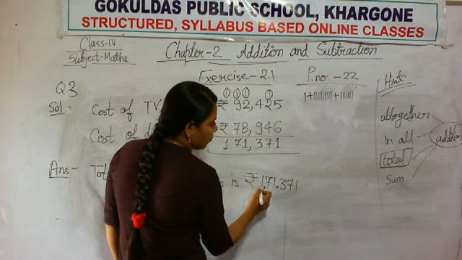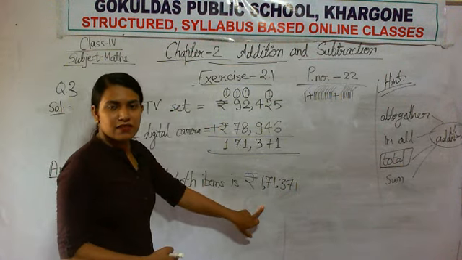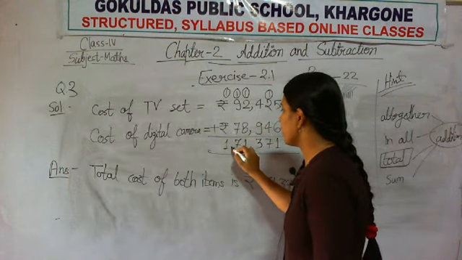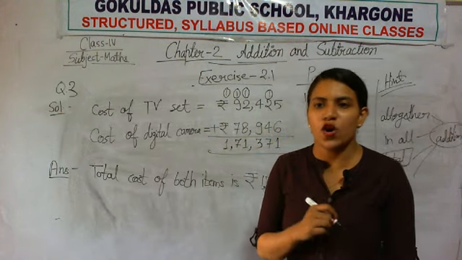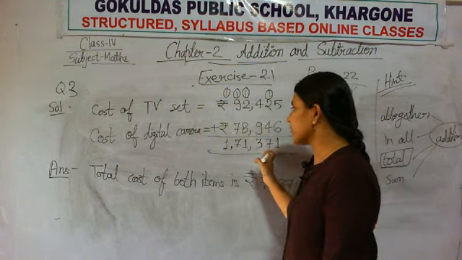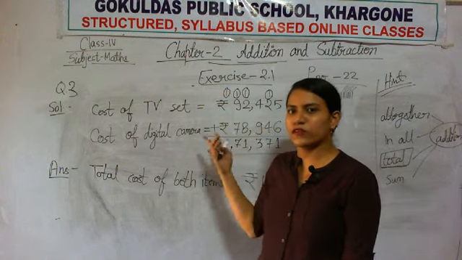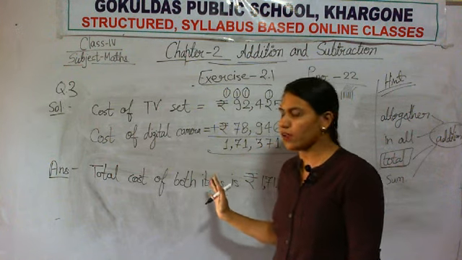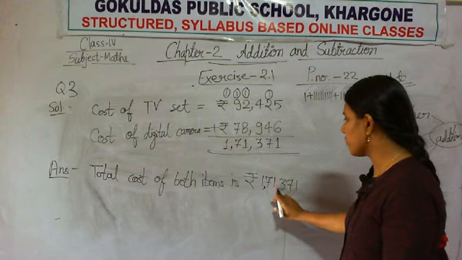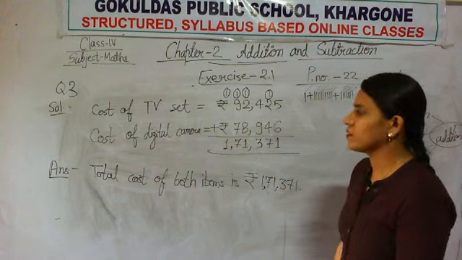So you have to put the comma according to the Indian system of numeration. How do we put commas in the Indian system? Starting from the right, we leave 3 digits, then put a comma, then leave 2 digits, then put a comma. Okay, so we put the commas according to the Indian system of numeration.